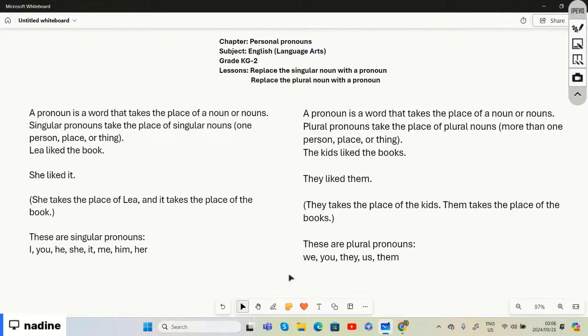And the lessons that we are going to be focusing on under the chapter of personal pronouns is to replace the singular noun with a pronoun.